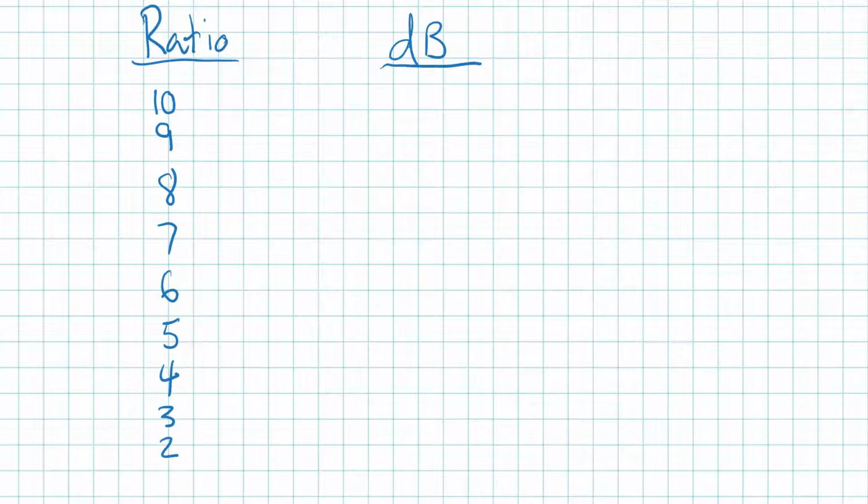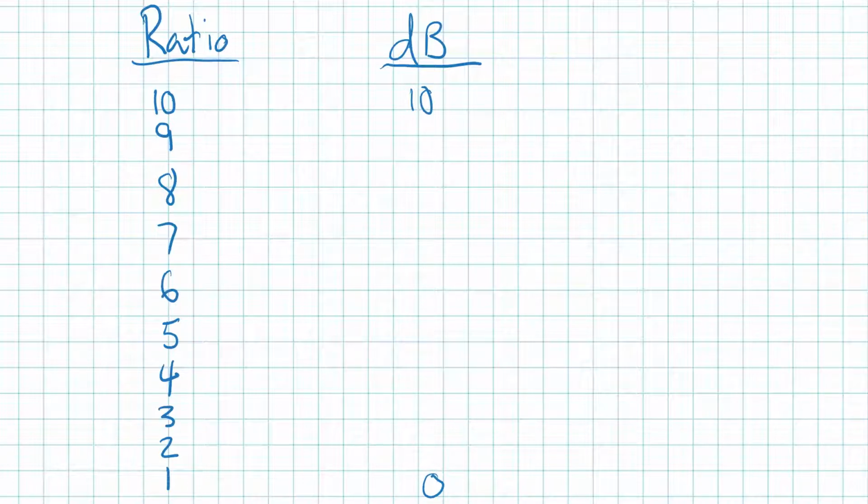Now 10 is 10 to the first power, and times 10 just equals 10. So that's pretty easy. And 1 is 10 to the 0th power, and that times 10 is 0. So we got two values right there.